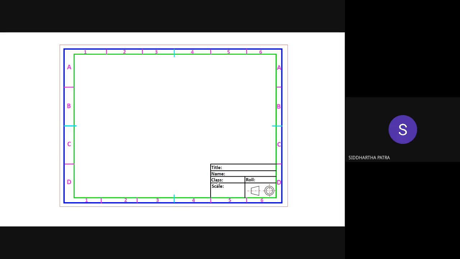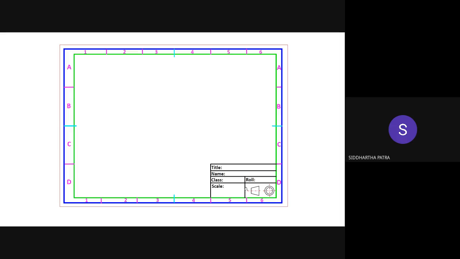So the items that I put are the title of the drawing that you are drawing. Let's say the exploded view of the stuffing block, that can be the title. Then the name of the person who made the drawing, that is yourself. You can put the name or the prepared by, whatever you want to.